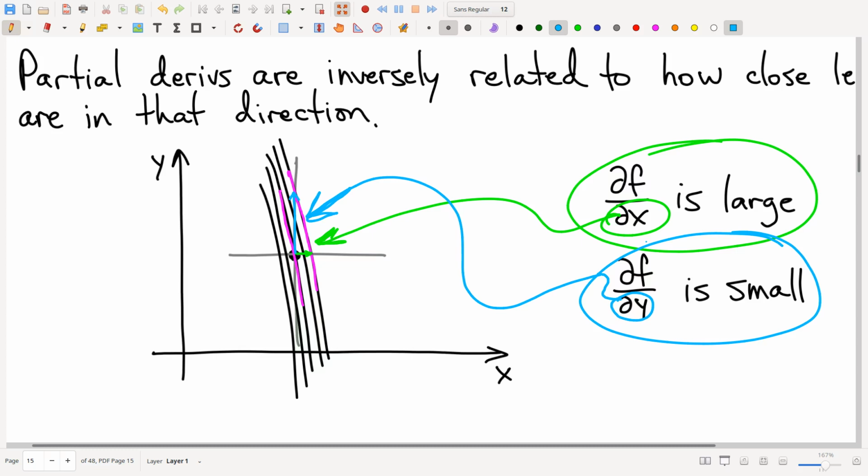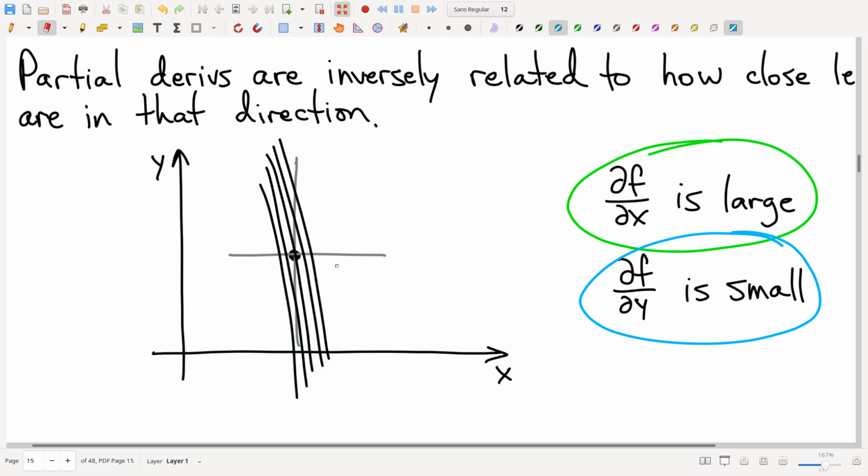Yeah? What is that gray cross in the middle that you're measuring to? The gray cross. Oh, yeah, that was just a reference line so that I could talk about which direction is the y direction, for example.